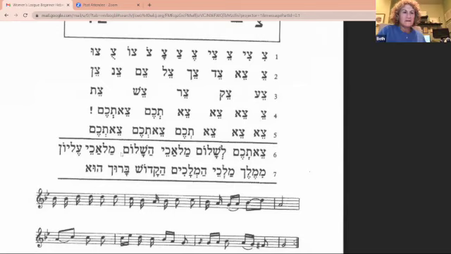Seitechem l'shalom, malachei hashalom, malachei el yon. The Y gets its own sound, that little guy.